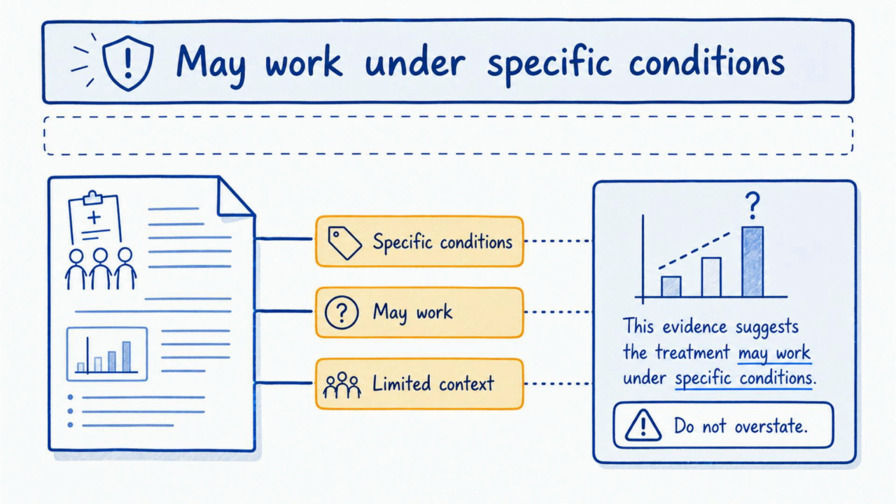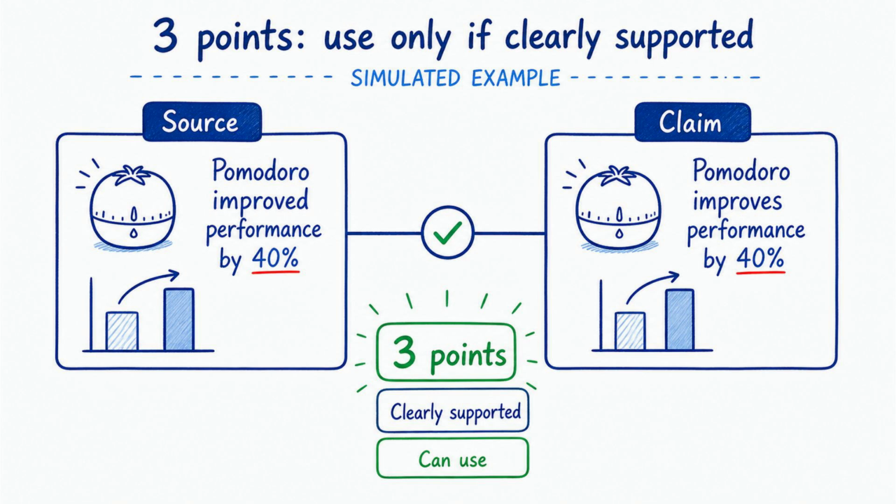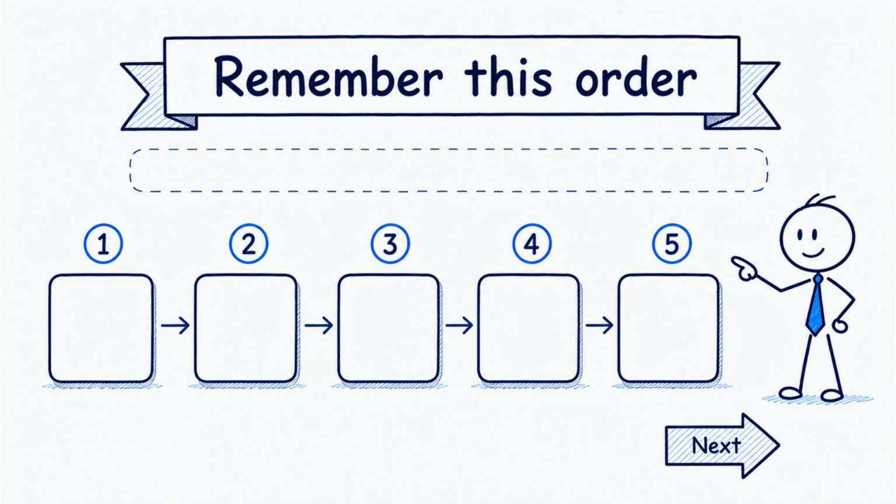If the source only says that certain time management methods may be effective under specific conditions, then at most it should receive 2 points, and you need to rewrite the claim in a more cautious way. Only when the source is real, reliable, and clearly supports both the number and the conclusion should you give it 3 points.